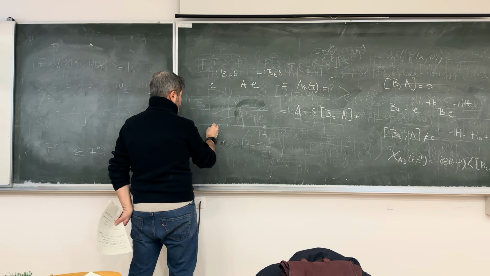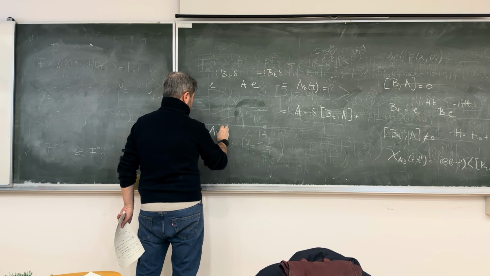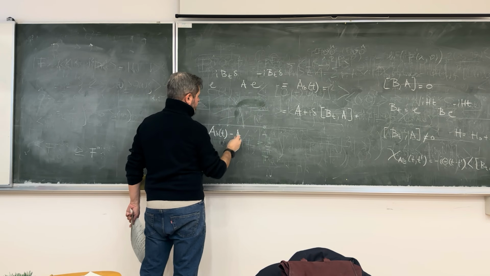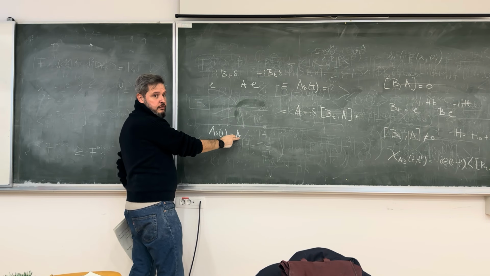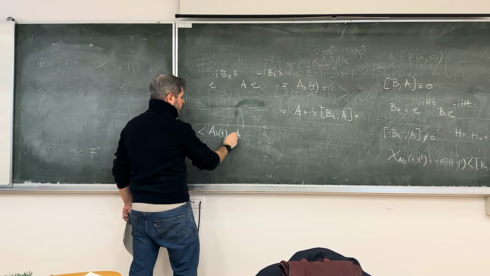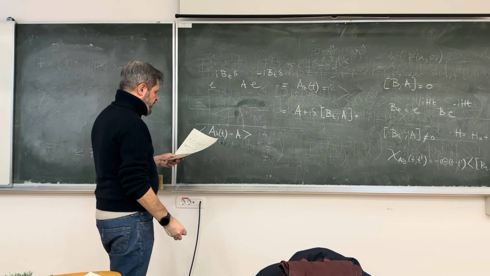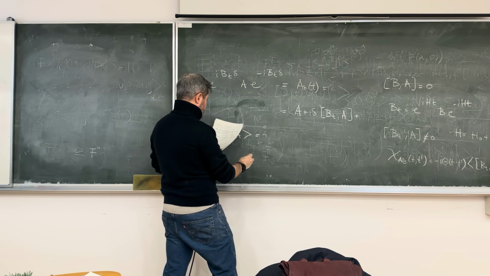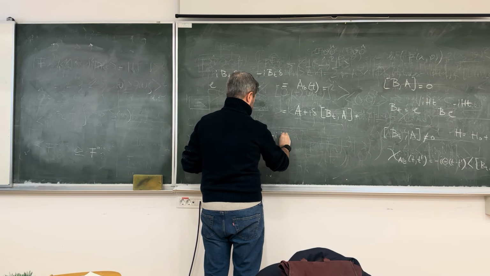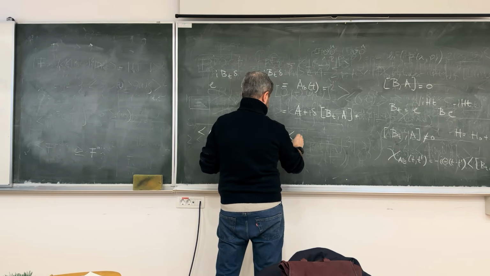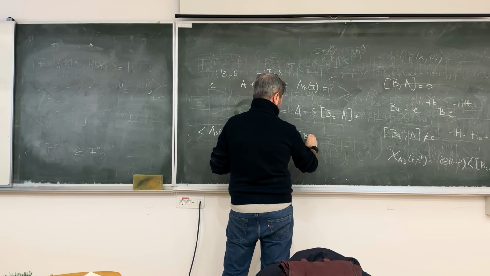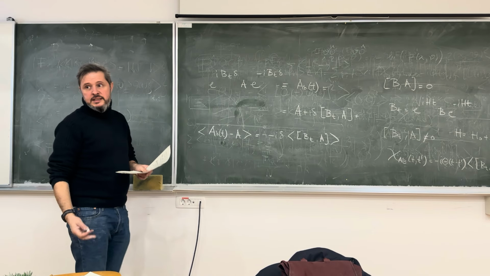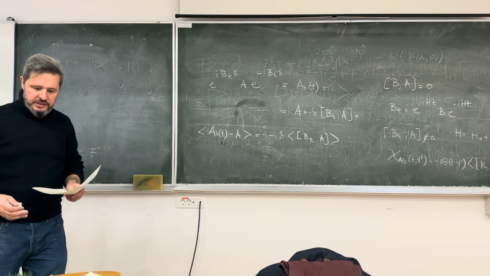Now, imagine that we consider how much this rotated operator differs from the original one, if we average this over our state. If we take the average, we will get minus i delta theta d_t A. So we will get the response function, essentially, up to the theta.